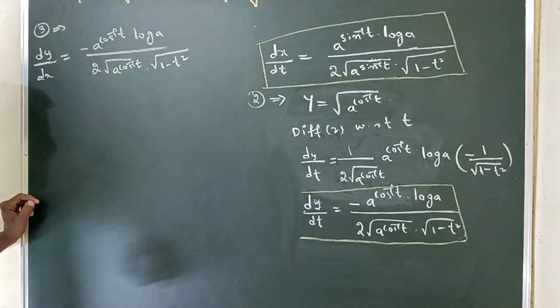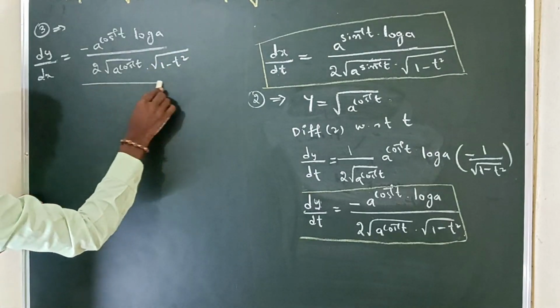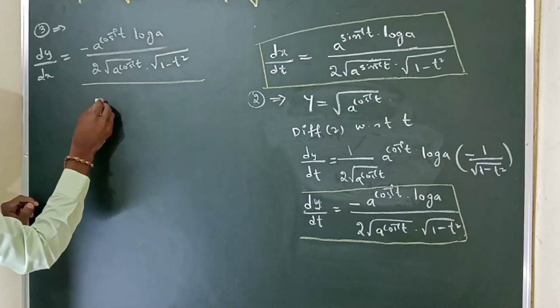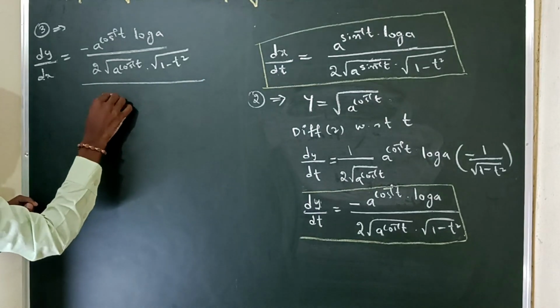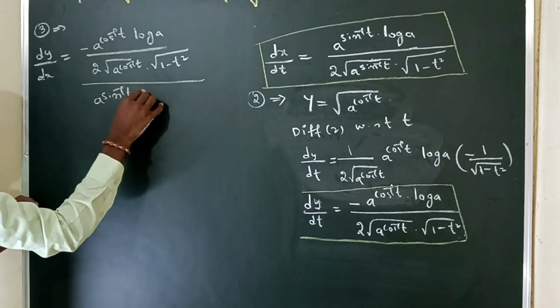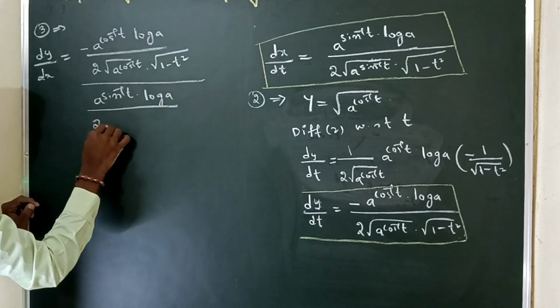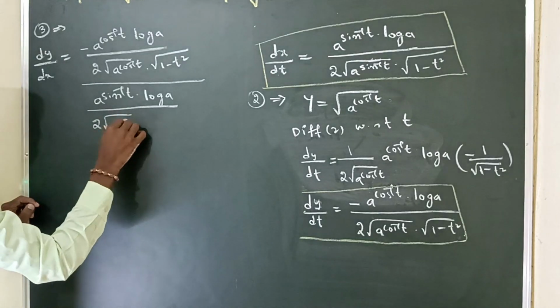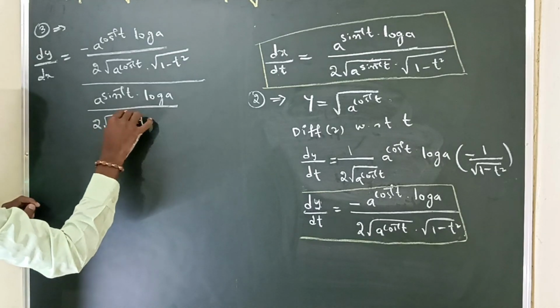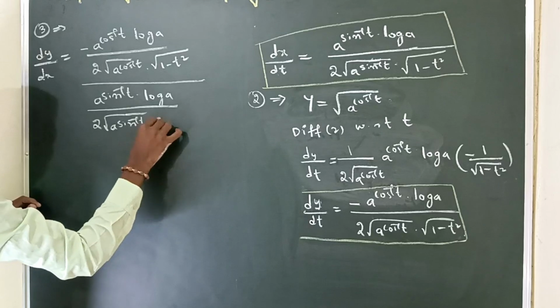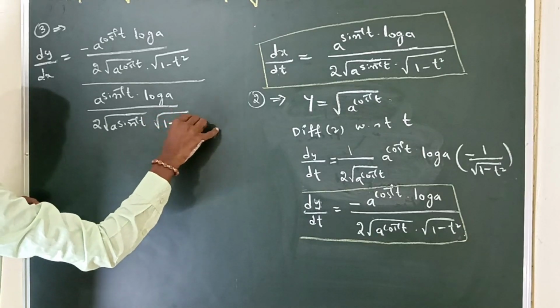It is dy by dt, whole divided by dx divided by dt, which is a to the power sin inverse t into log a, whole divided by 2 root of a to the power sin inverse t into root of 1 minus t square.